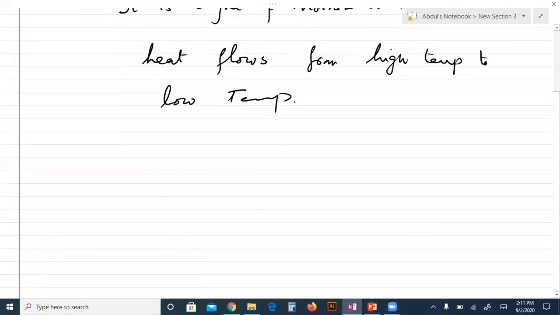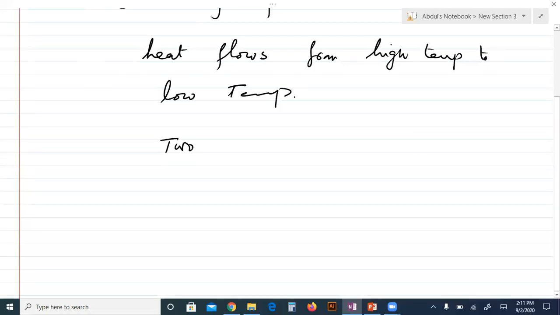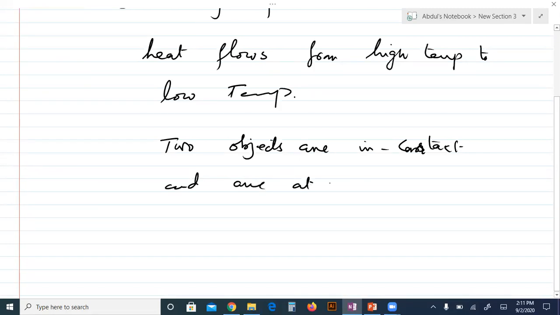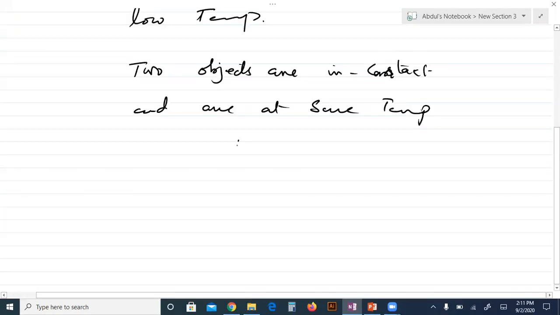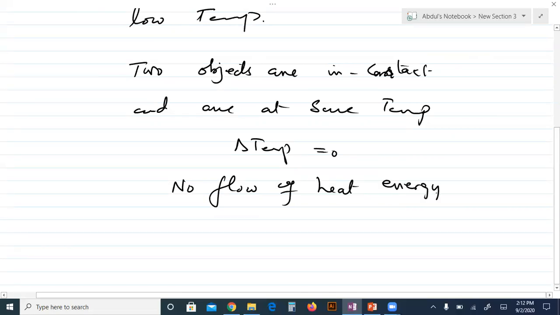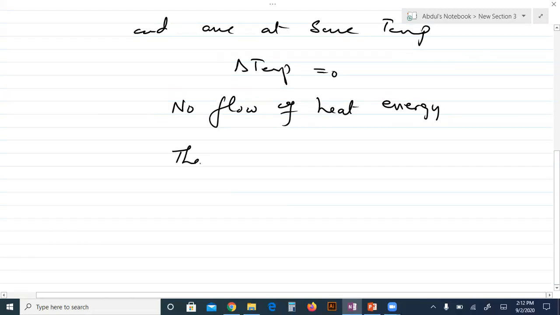But when two objects are in contact, and are at same temperature, mean temperature difference of the temperature is 0, then no flow of heat energy between them, and this situation is called thermal equilibrium.